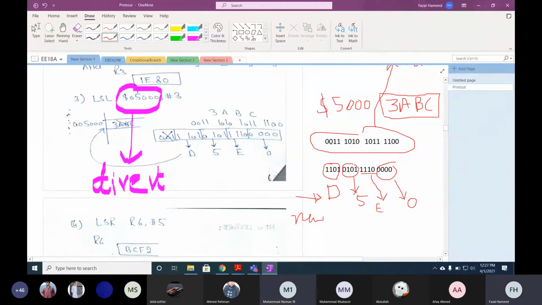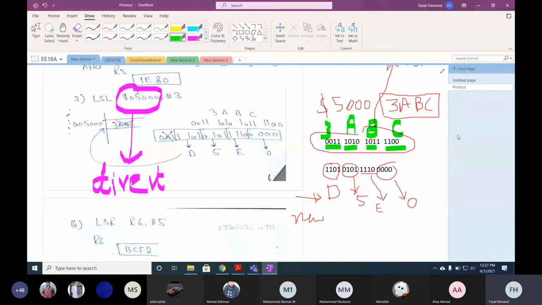Okay. So what is this? If you look at the first one, this is 3. Am I right or not? Yes sir. A, B, and am I right or not here? Yes sir.